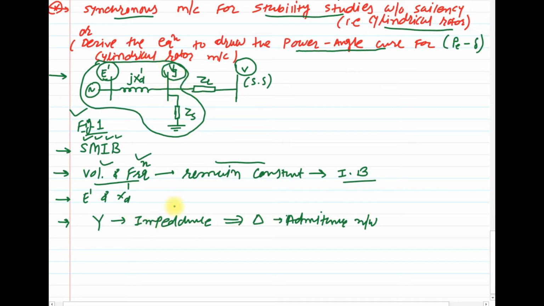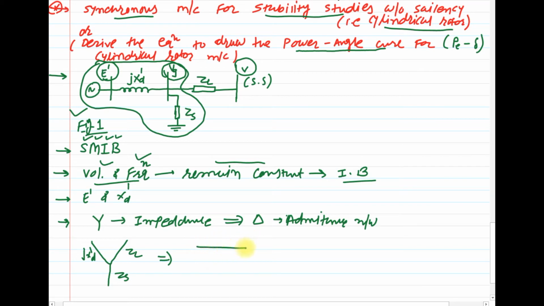Yes, it is the star network, consisting of ZS, ZL, and jXT dash. So this star connected impedance network will get converted into the delta connected admittance network.